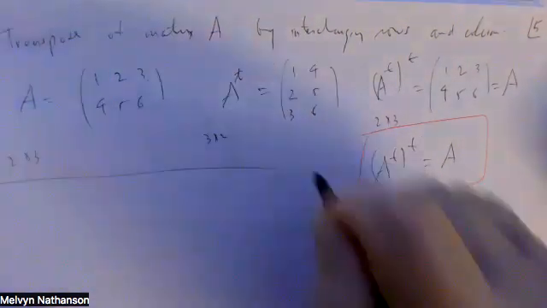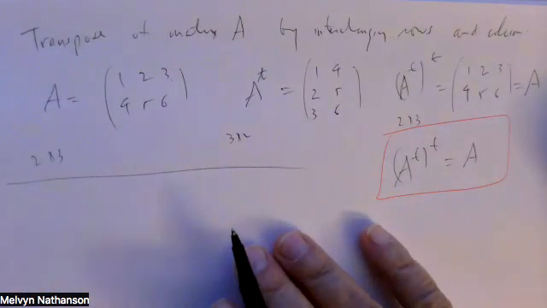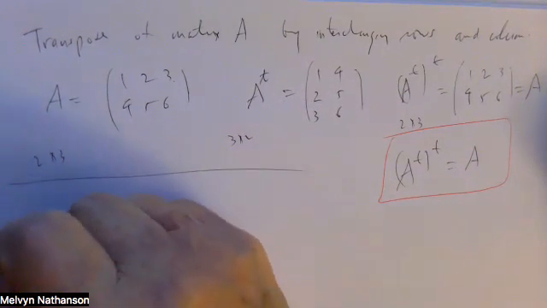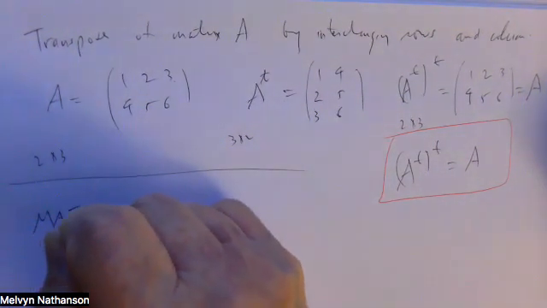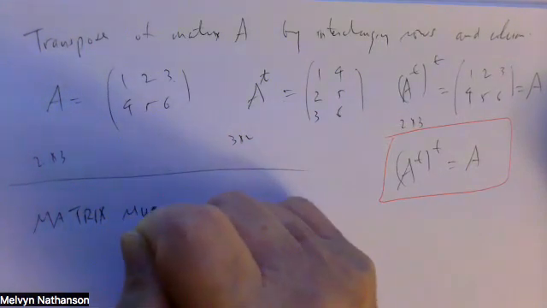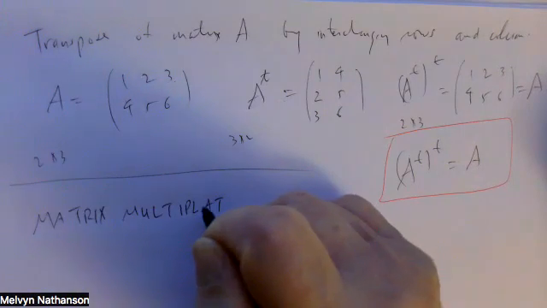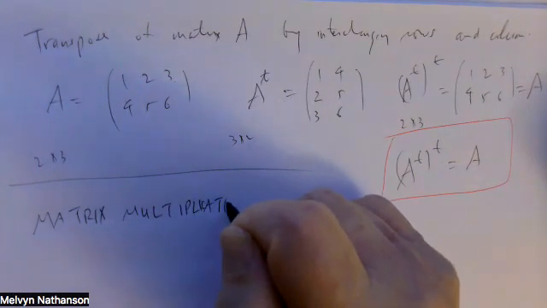Now, we added matrices and we multiplied matrices by scalars, but sometimes, not always, it's possible to multiply matrices. So this is matrix multiplication.